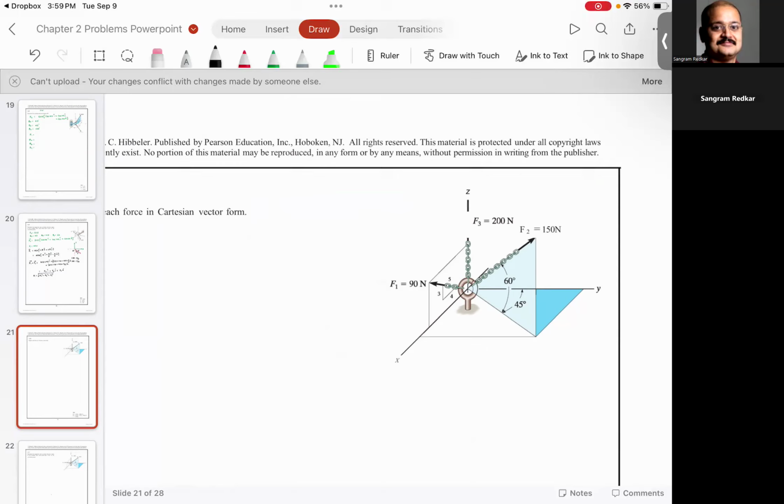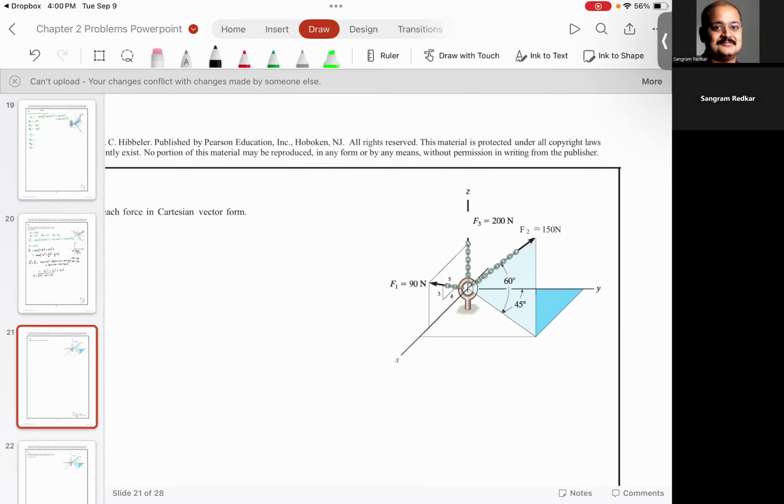You have to find out the angle made by each vector with respect to the positive x-axis, positive y-axis, and positive z-axis, and then write the expression: force is equal to the magnitude of the force, in parentheses, cosine theta x i plus cosine theta y j plus cosine theta z k. Everyone understood this?